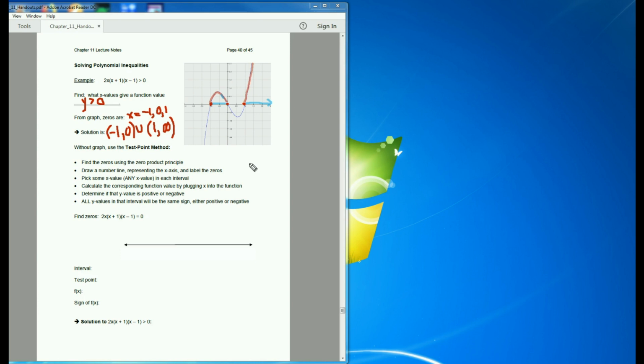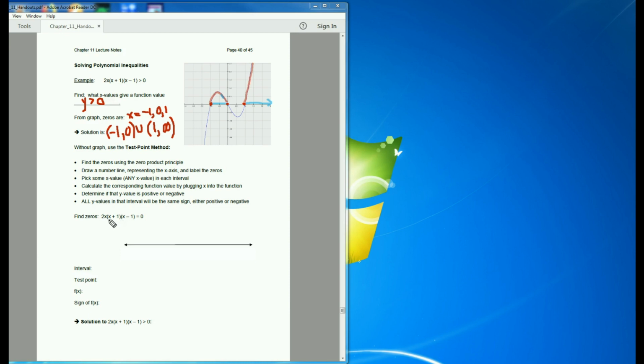All right, so now let's pretend we don't have the graph to help us. We're going to do this again analytically using the test point method that we just did on the previous page. So we want to find the zeros using the zero product principle.